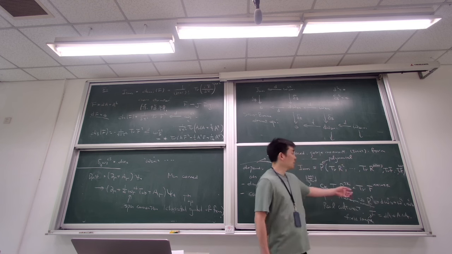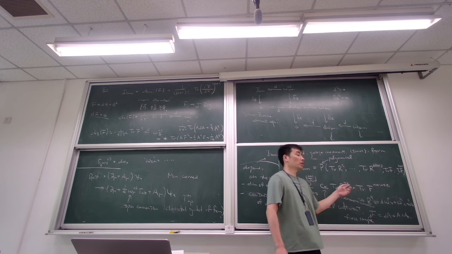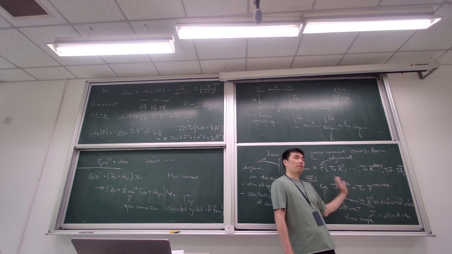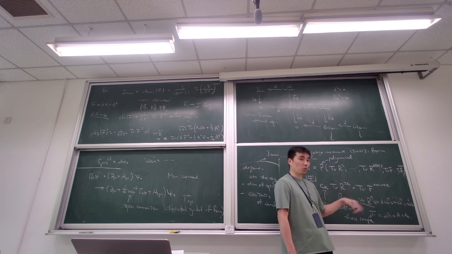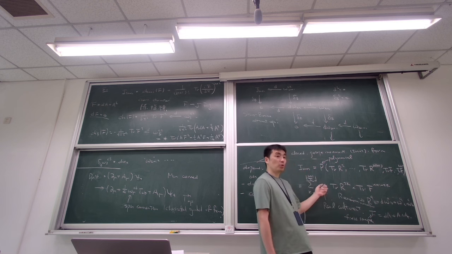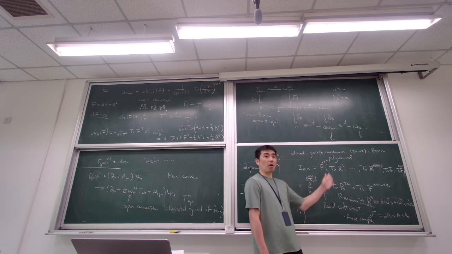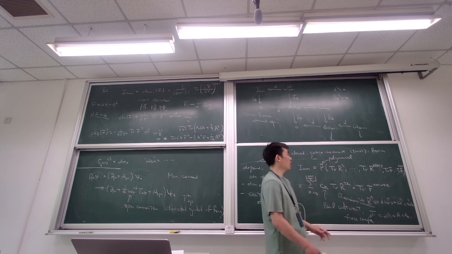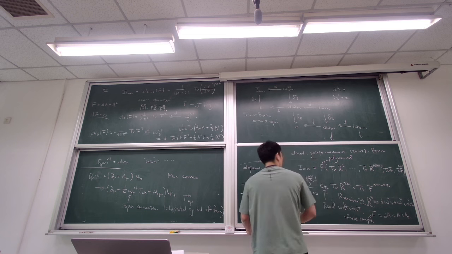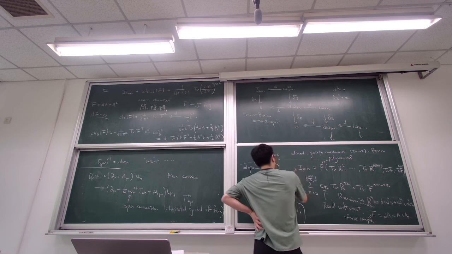If you take some power and take the trace, you get some form, where product means wedge product, and then you multiply by coefficients and sum over. That's why it's called the anomaly polynomial.